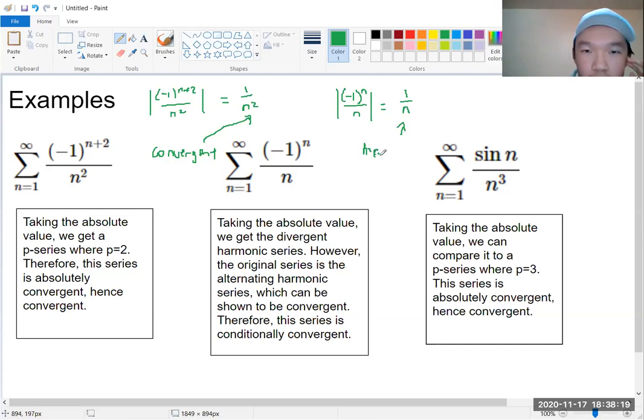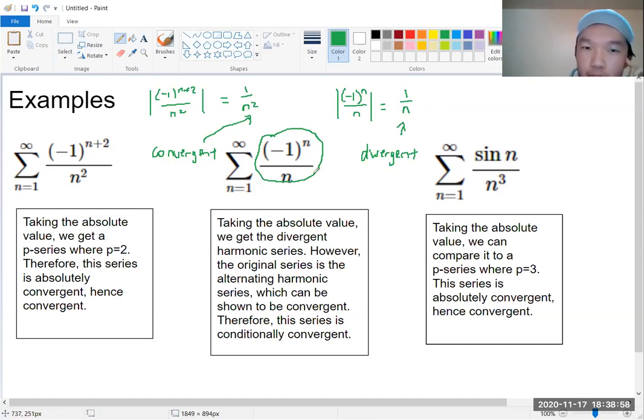And if you remember what we said about the harmonic series, we said that it was divergent. Okay, but the series itself is not a harmonic series. It was only a harmonic series because we took the absolute value. But the series itself is an alternating harmonic series, which according to the internet is actually convergent. We didn't go through that, but just accept the fact that it's convergent.